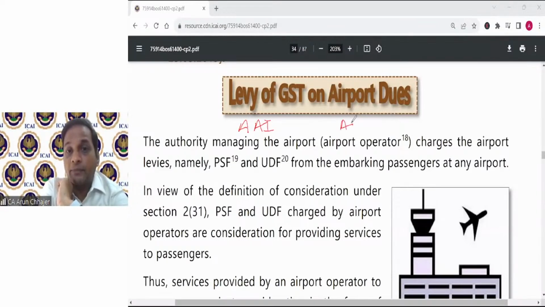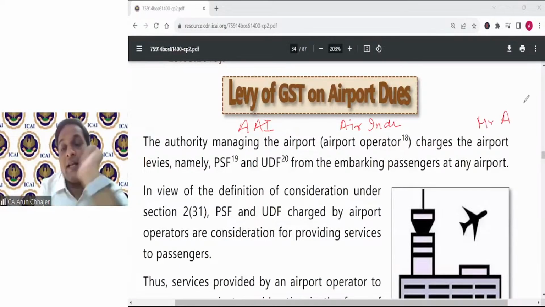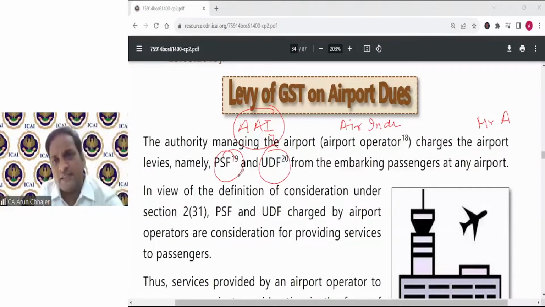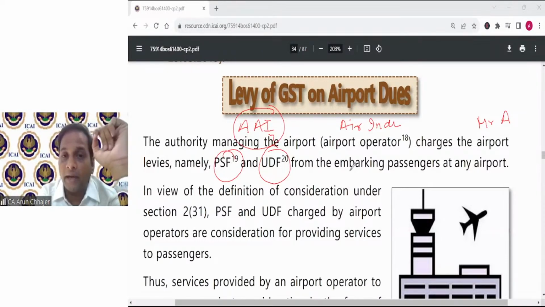There is one airline company, let's say Air India, and there is one passenger, Mr. A. As per the rules, the Airport Authority of India has to collect the PSF and UDF charges. These are charges as per the respective aircraft rules, and these charges would be levied from the embarking passenger.